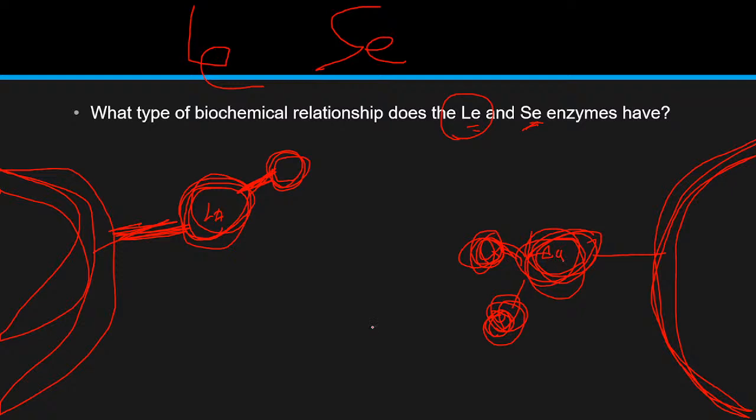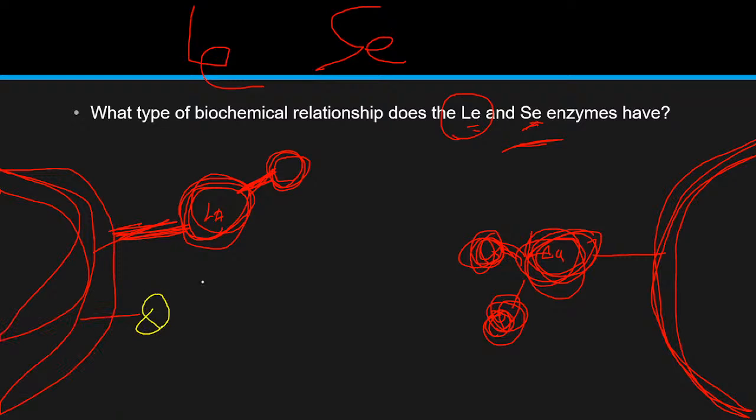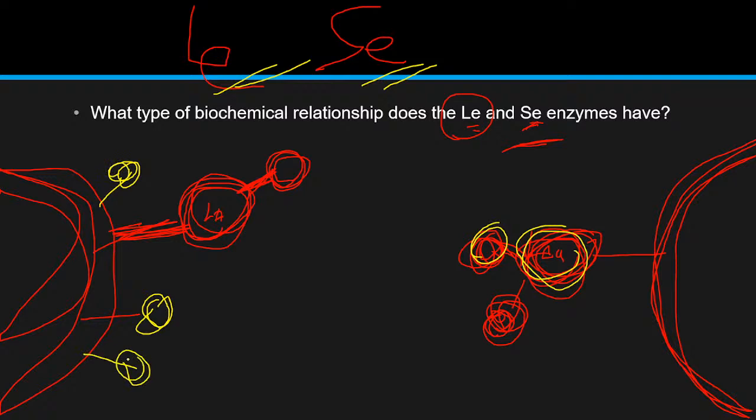Now, because this one is stronger, there will be more LEB molecules in the RBC if you have this phenotype or if you have both of them in your genotype. So I will designate this as color yellow so you guys will know. Okay. So in this particular illustration, we're going to have more LEAs.